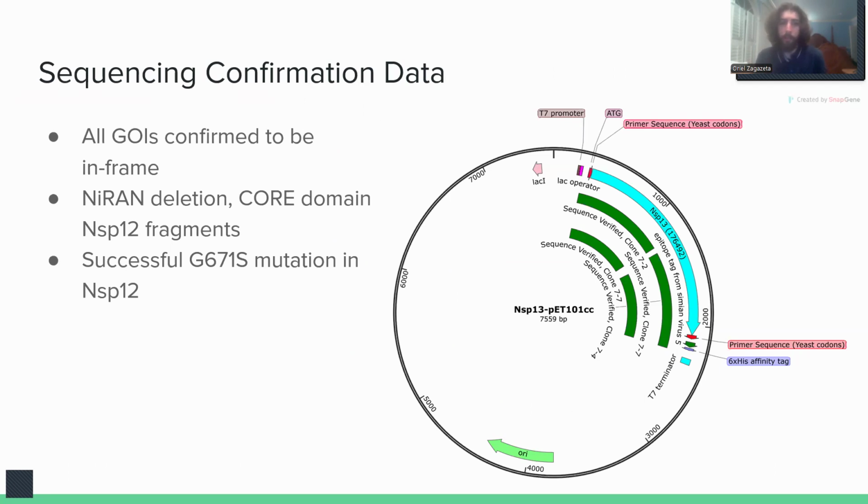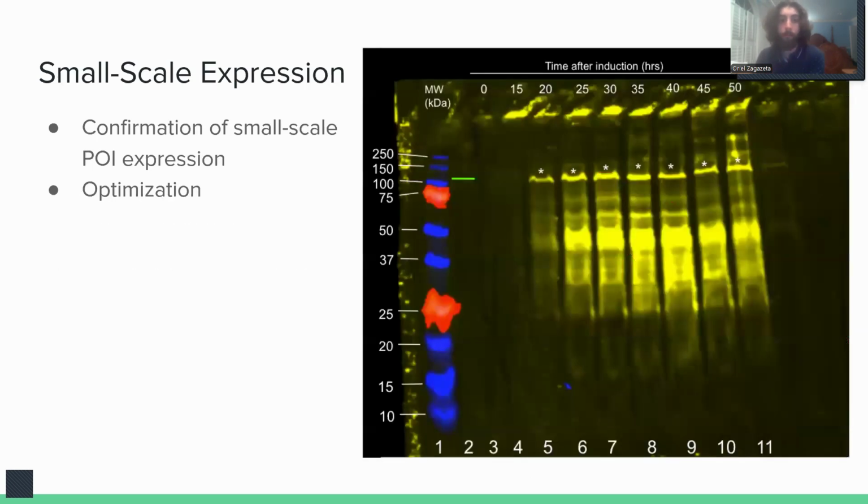So we confirmed about 30 to 40 plasmids that were ready to be sent off for gene expression and protein purification, along with different variants of NSP12 that were created to ease folding issues that might occur when using E. coli as opposed to mammalian cells. Additionally, I created the G671S mutation using an adapted site-directed mutagenesis protocol, which used the original plasmid but used a mutagenic primer to create the G671S mutation.